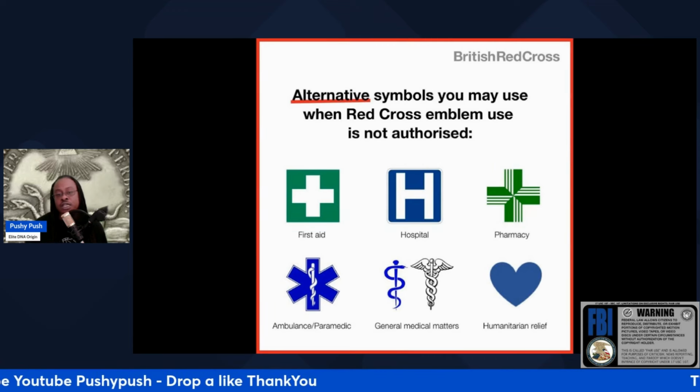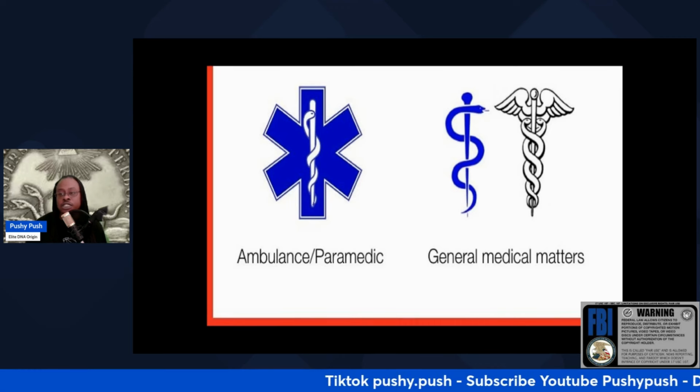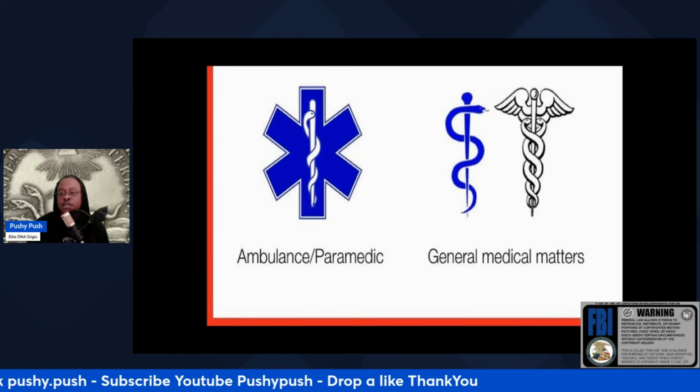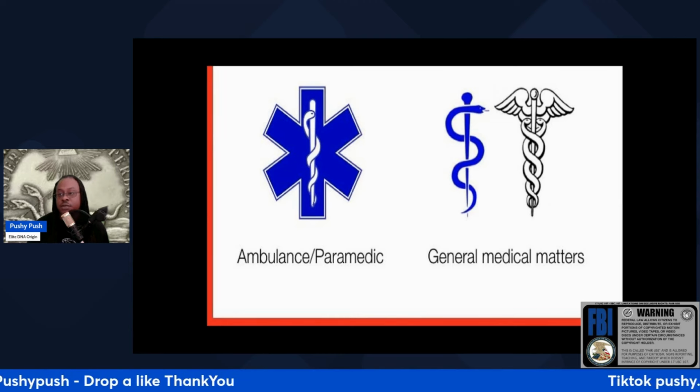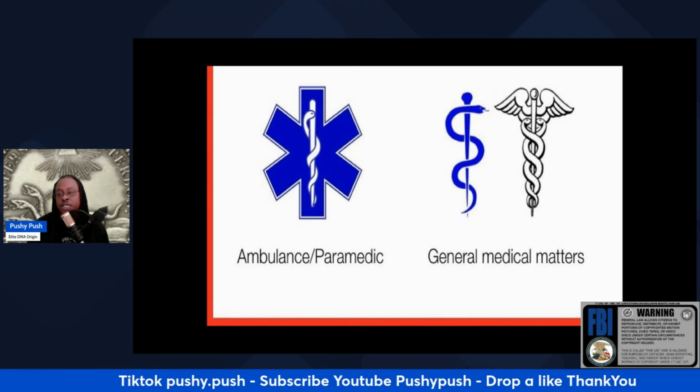So, we're going to be looking at two of these unauthorized symbols at the bottom, which is the snake on the pole and the snakes on the pole with the wings. So we do associate these symbols with health, and it's understandable because the elite associate it with their bloodline.